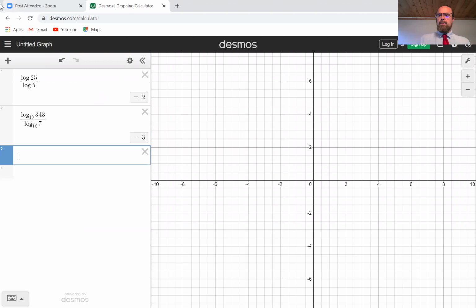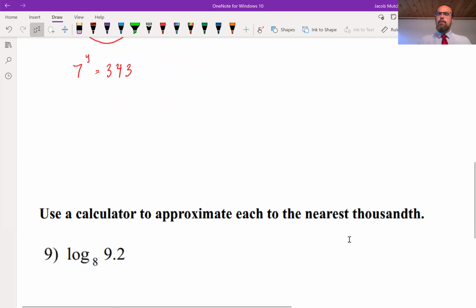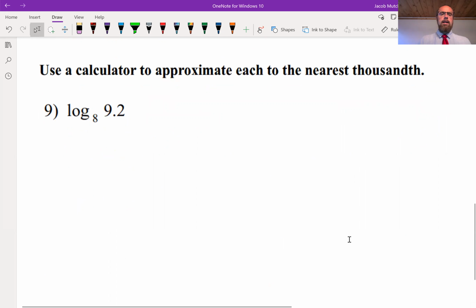Those two examples evaluated as very clean counting number values. So our first example evaluated as 2, the second one evaluated as 3. A lot of times logarithms and bases with their arguments don't evaluate to natural numbers. They are irrational.